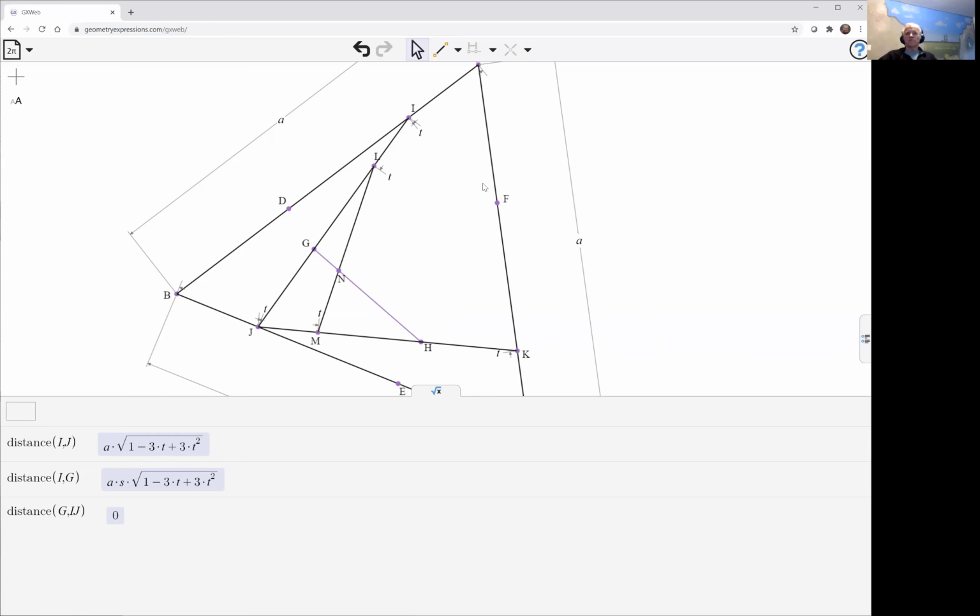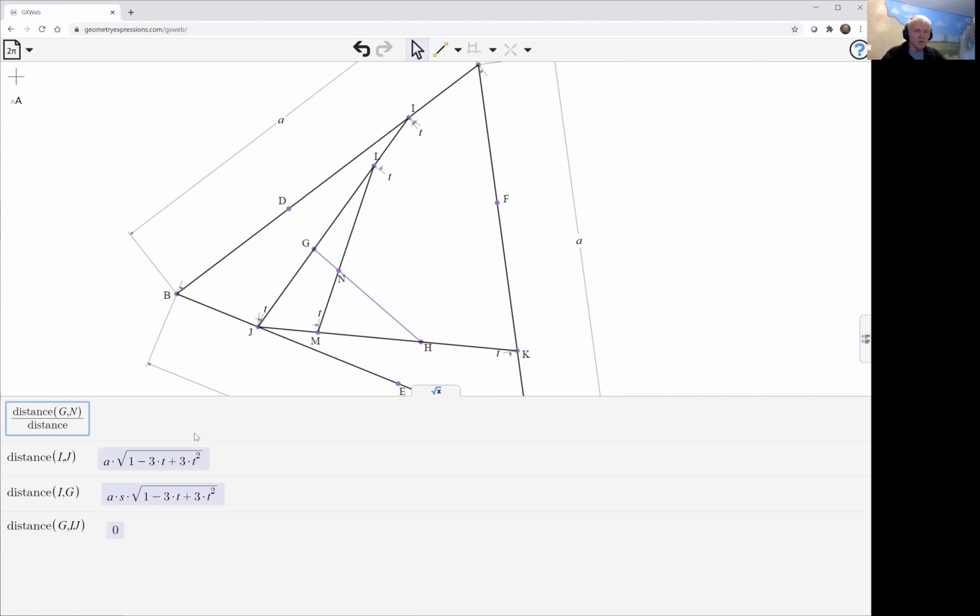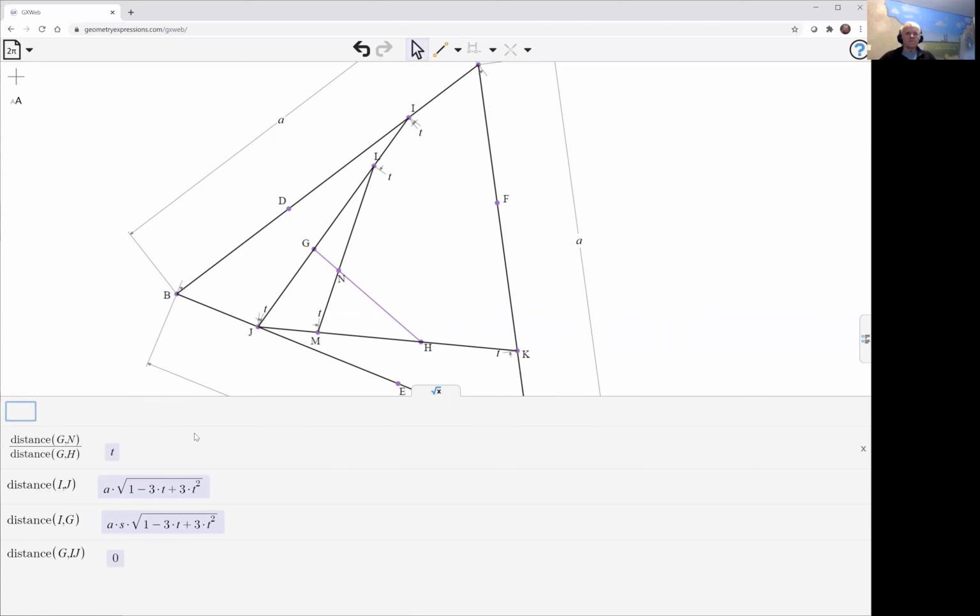Let's just see. There's the line N, and we want to know distance GN over distance GH. And that is T. So that says that that point N is in fact the tangent point.